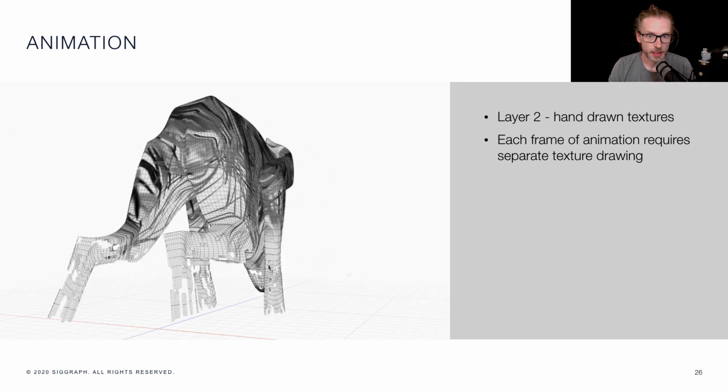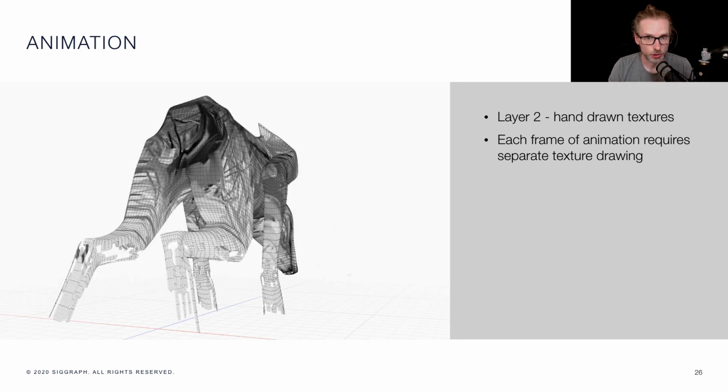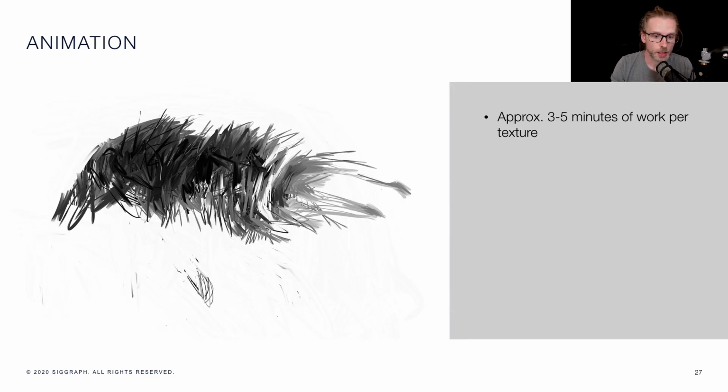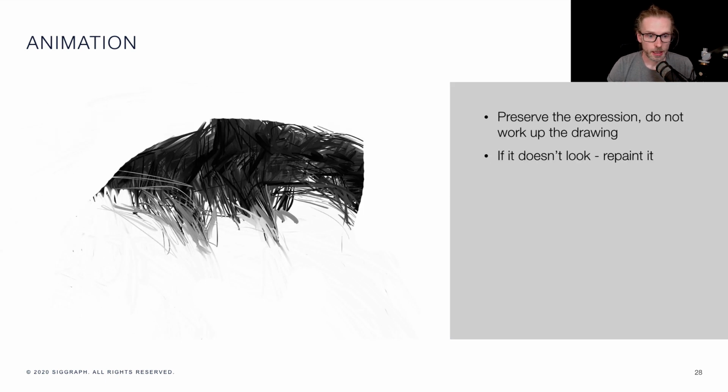Each frame of animation requires a separate texture drawing, so you can imagine that's quite a bit of drawing involved. That's why the drawings were made really fast, so I gave myself approximately 3 to 5 minutes per drawing at maximum. Again, this was to preserve the expression, so I never worked up the drawing, and if anything didn't look right, I was just repainting it from scratch.